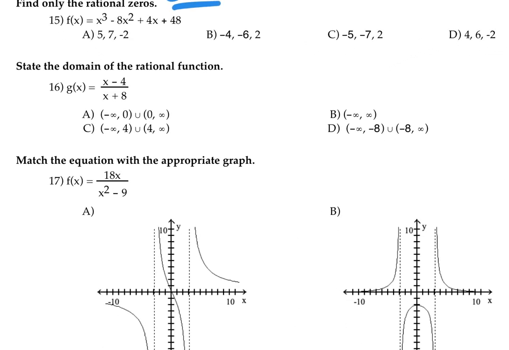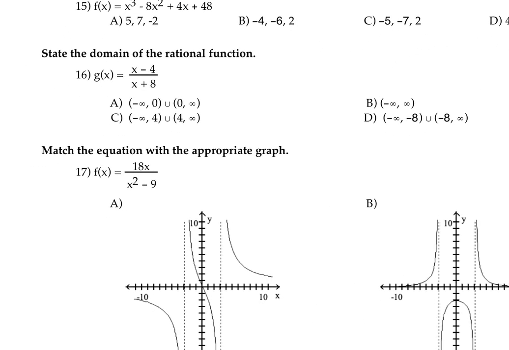Okay, domain means what x values can we have and which x values can we not have. And so because we have a fraction here, what number can we not have on the bottom of a fraction? Okay, so we can't have 0 on the bottom, right? And -8 is what would give me that 0.